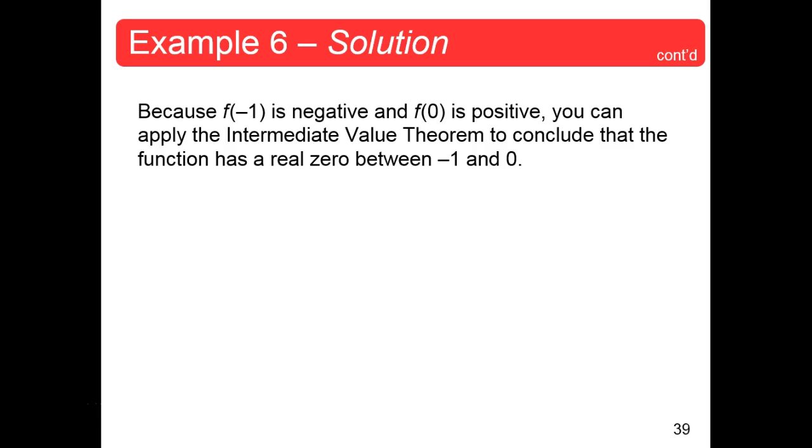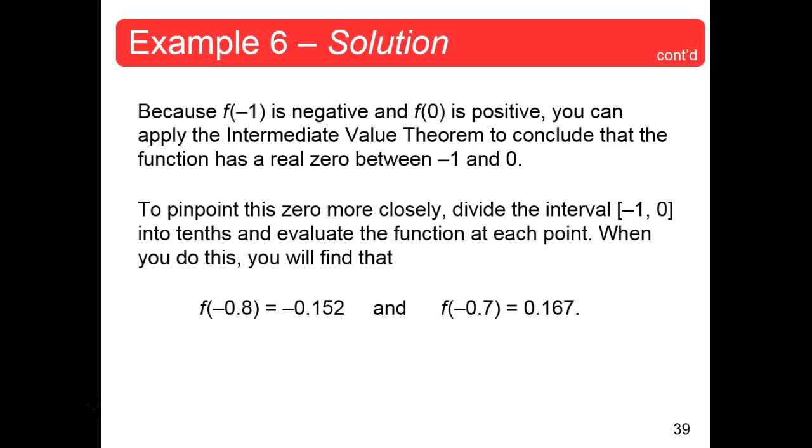Because f of negative 1 is negative and f of 0 is positive, you can apply the intermediate value theorem to conclude f has a real 0 between negative 1 and 0. So they chose to pinpoint the 0 more closely, divide the interval into tenths, and evaluate the function at each point.